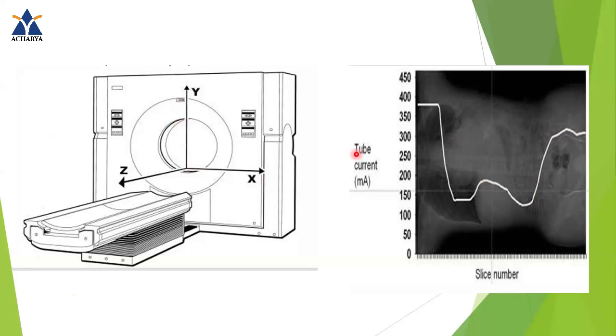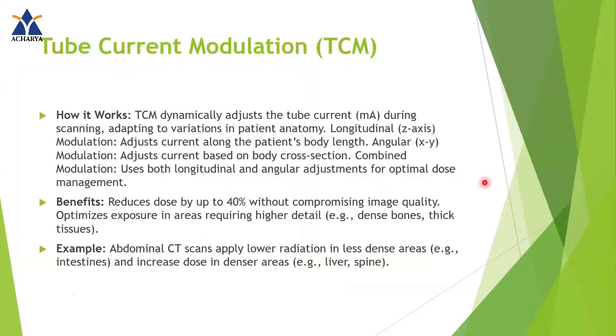This is one way the tube current modulation works, in three directions, that is X, Y, and Z axes. So the mAs is automatically decreasing or increasing based on the patient's body density, or whether denser organs are present or not. That is mainly in the Z-axis.